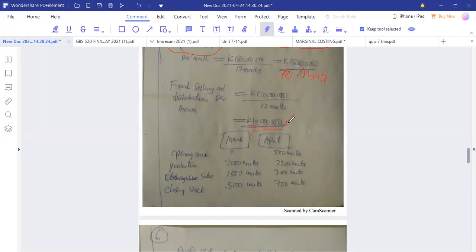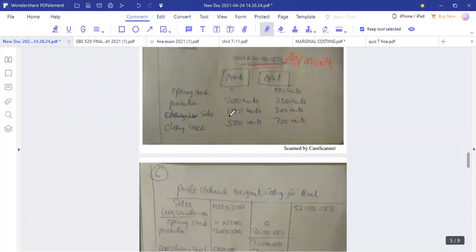The 10 million is per month. So it's a fixed admin and selling per month. So this is what we have here. All right. So we can now get down to the other aspects. So here, fixed selling and admin per month will be 120 million, which is per annum, divided by 12 months to be 10 million.